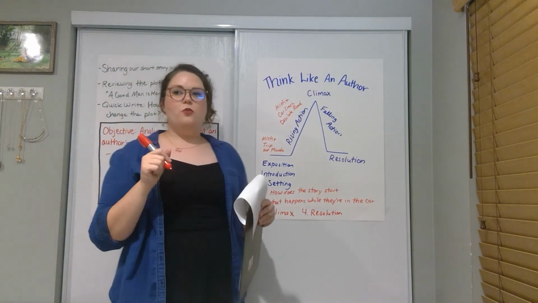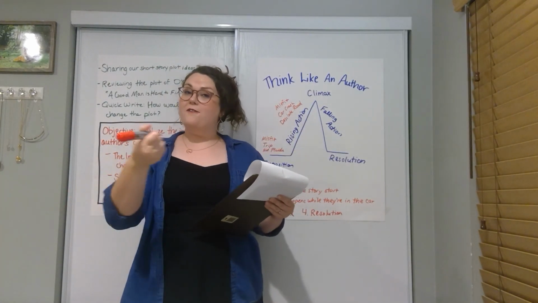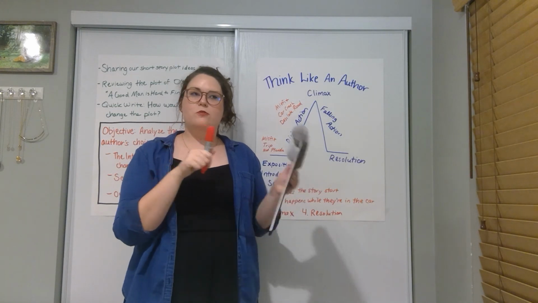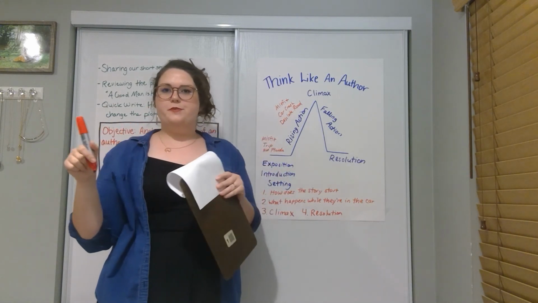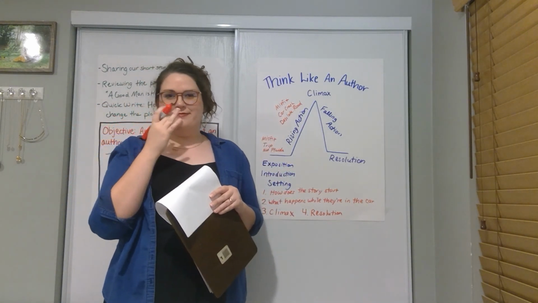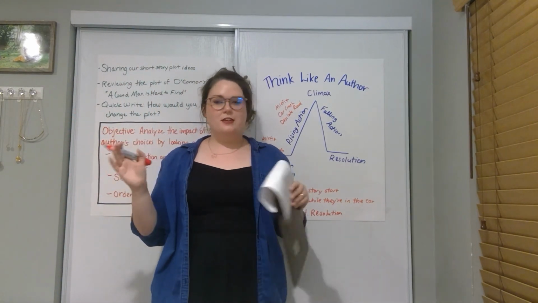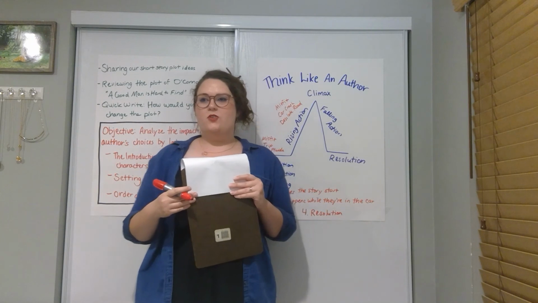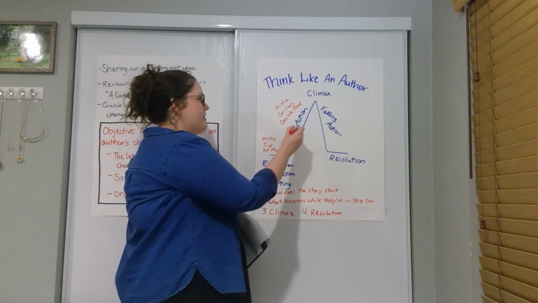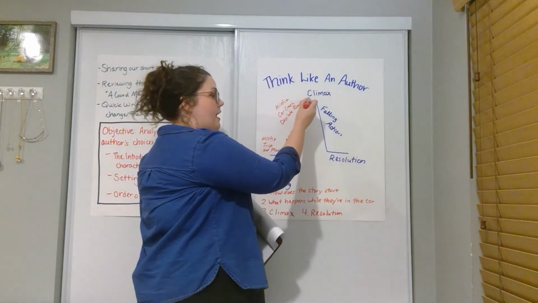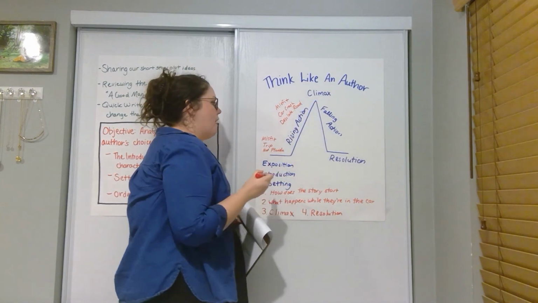And then what happens after the misfit gets there? What does he do with all the family members? He takes them away into the woods. Things are getting really sketchy. All right, so the action is rising. Things are going towards the climax. Right.